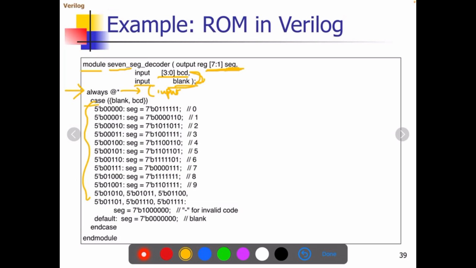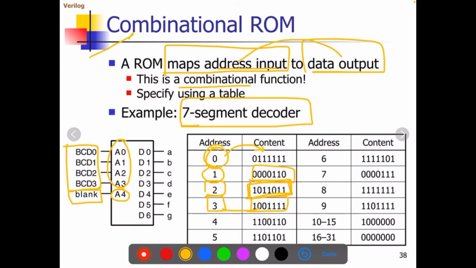Case {blank, BCD}: take these two variables into the case statement. As you can see here, 5'b0 followed by 0000 means this is blank data, and this is the BCD code. If this is the case, that means if the address is 0, then this should be the output: segment is equal to this. From the previous slide we understood that if this is the address, then this is the content.